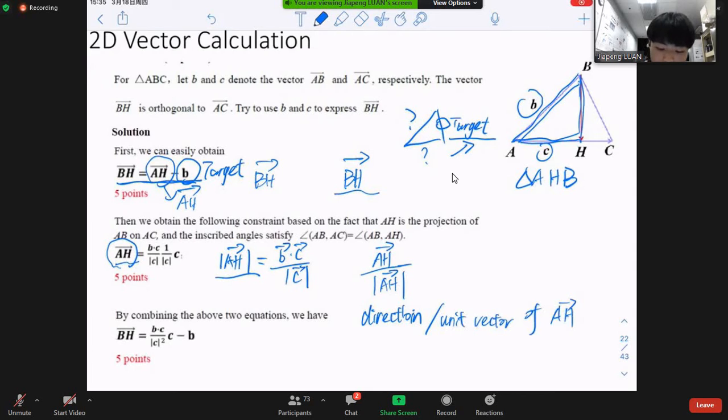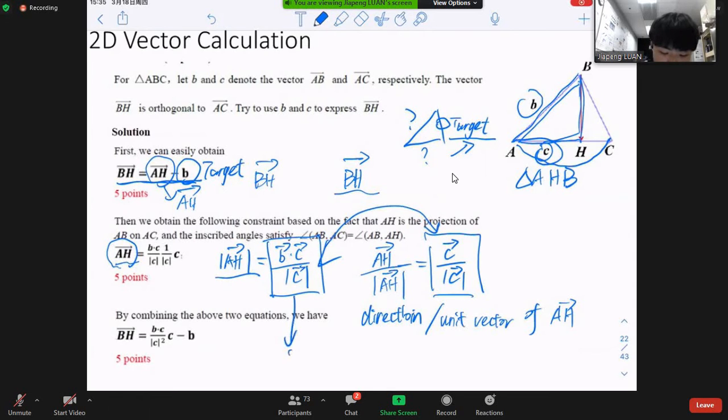You can see that the unit vector of AH is actually also the unit vector of AC, which is C. So this is the direction of AH, and this is the value of AH. And then you multiply them together, you can get AH.